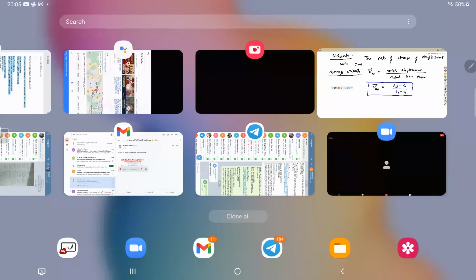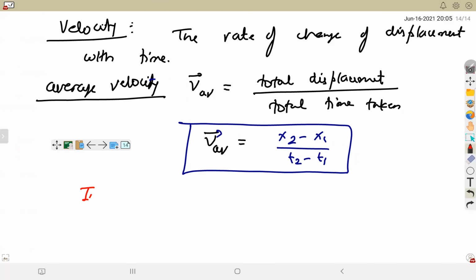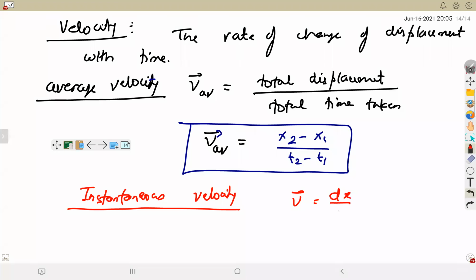Instantaneous velocity will again be done by differentiation, where x is given as a position, x is the position at time t.